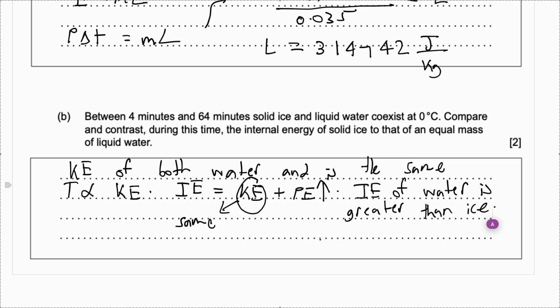Why? Because we're adding energy into the ice to change its state. Because kinetic energy stays the same, this energy is increasing the potential energy, and therefore water has greater potential energy than ice.